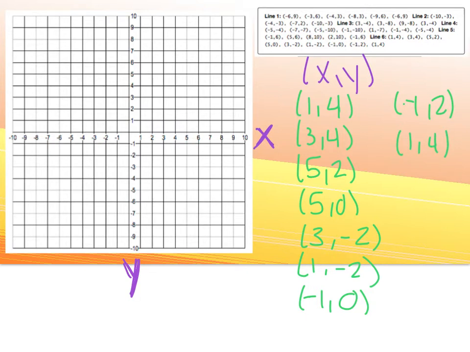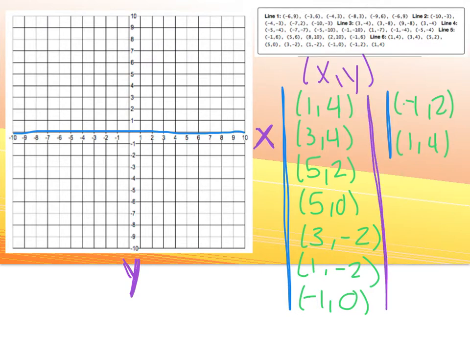Okay, so this whole side over here, these are your x's. These are your x's. So we're going to look on our x-axis to plot them. This whole side over here, these are your y's. So we're going to go up and down our y-axis to get them plotted.